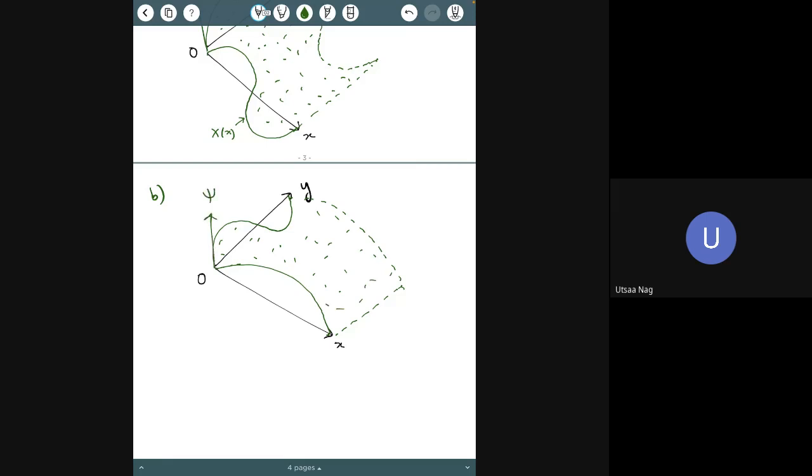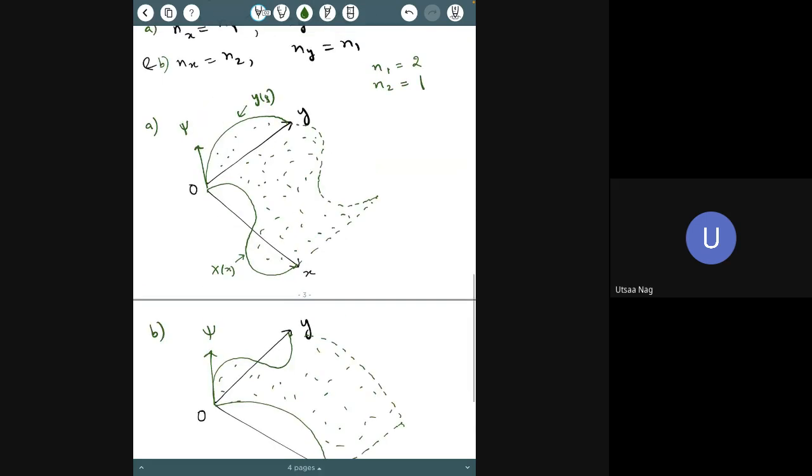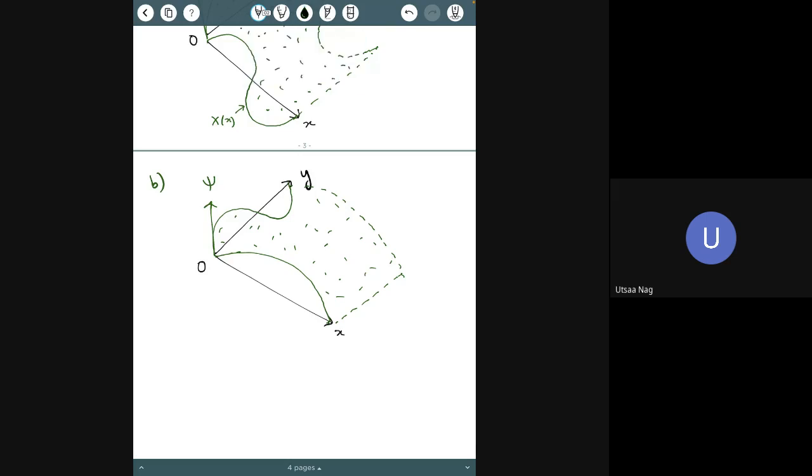This is my B. So these are two wave functions which look different given a coordinate system, but the energies are the same. So this is the first time we encountered this.